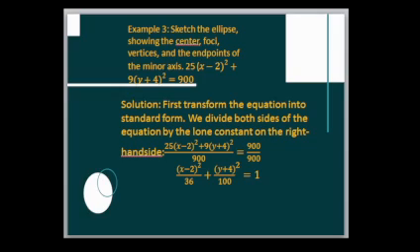The standard form is (x minus h) squared over a squared plus (y minus k) squared over b squared is equal to 1.